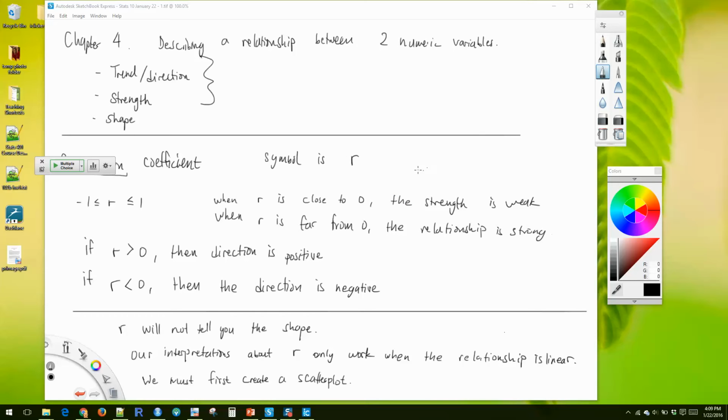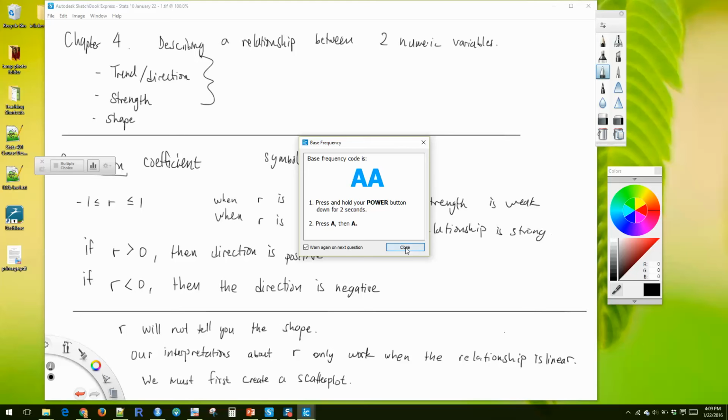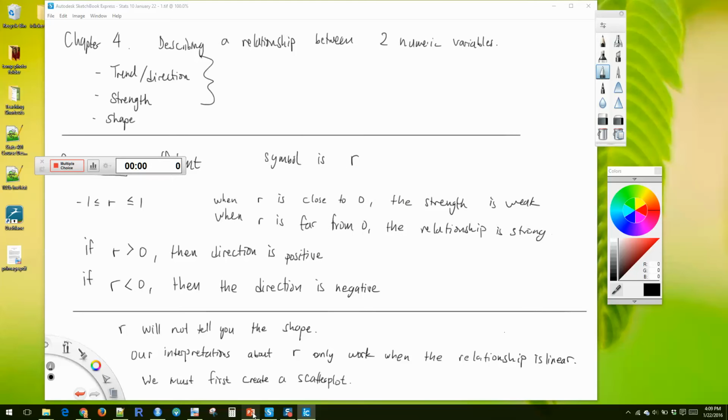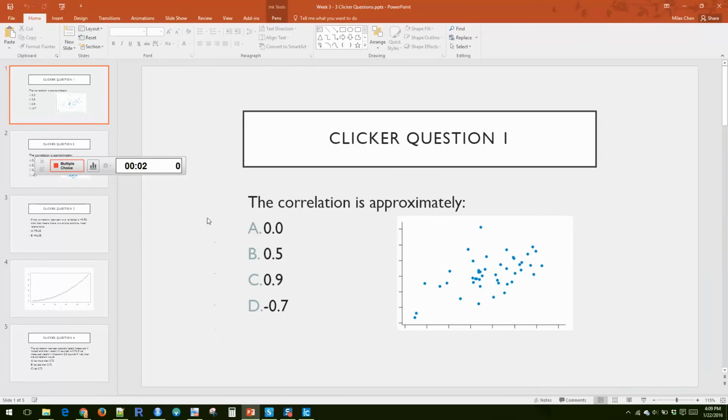All right, our first question. So here's a scatter plot, and start clicking away.